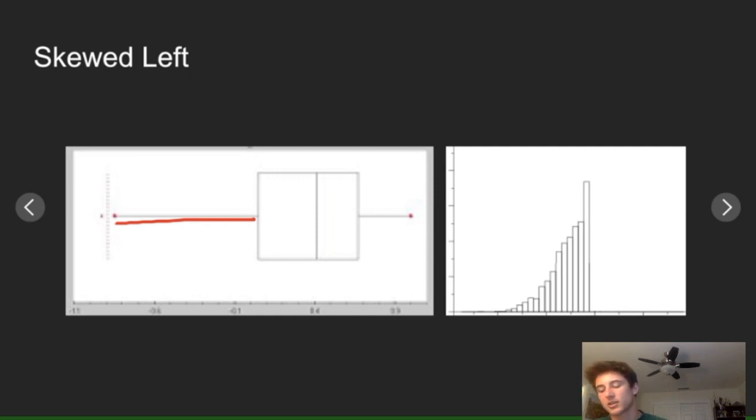Skewed left is strung out on the left side, as we can see here. This is also what the histogram and the curve will look like to the right there. As we can see, it's very strung out on the left side, very little on the right side. And that's that first quartile range right there.